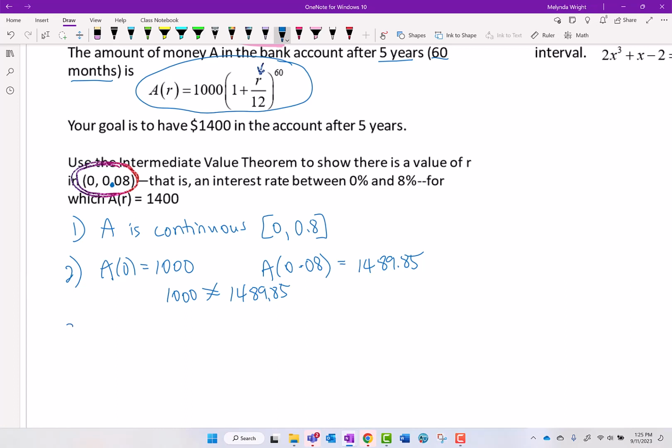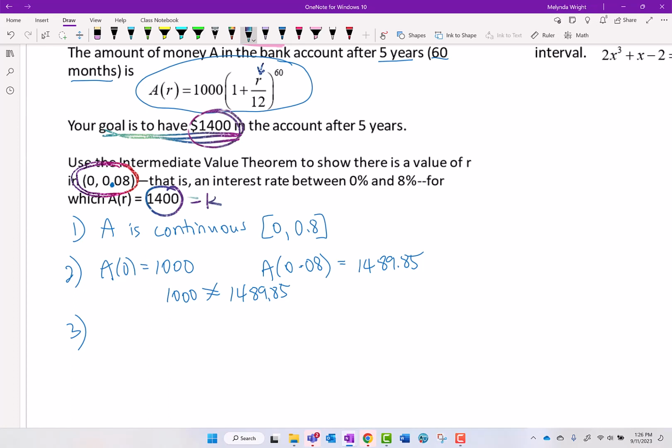Step 3 is K is between f of A and f of B. Well, let's just make ourselves a note right here. This little thing right here is K. 1,400 is K. Why? Because in this context, our goal is to have 1,400.